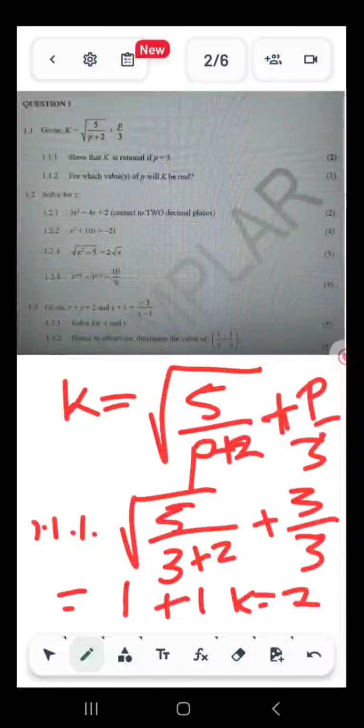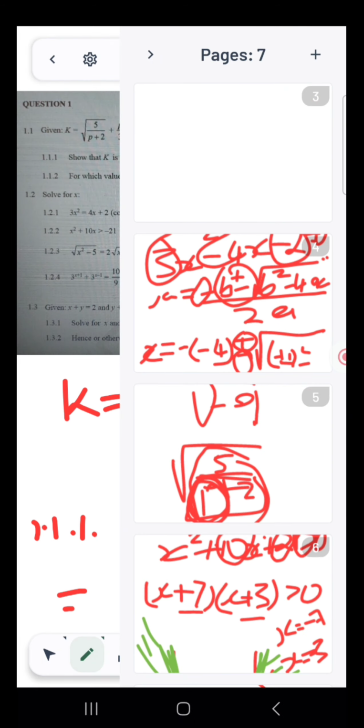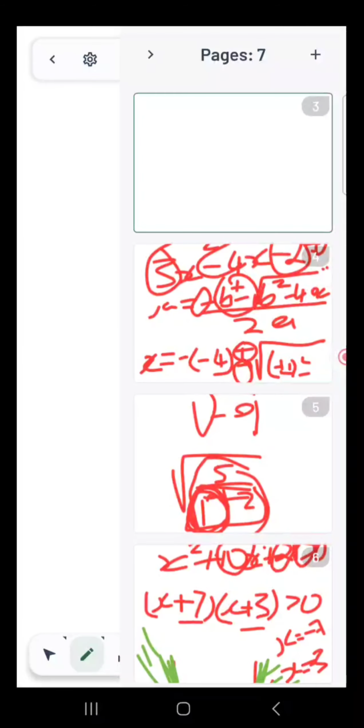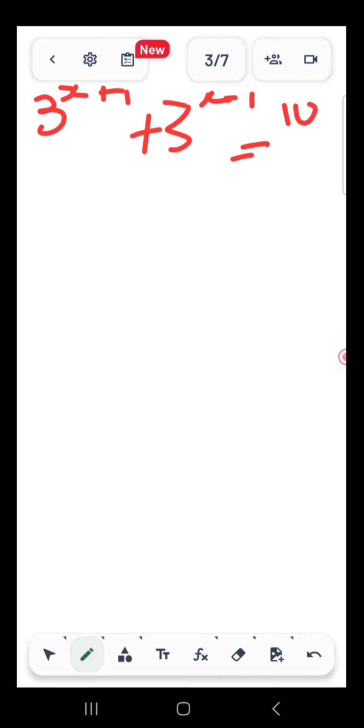Okay, again, and then we go to this question, and our question says 3 to the exponent of x plus 1 plus 3 to the exponent of x minus 1 is equal to 10 over 9.